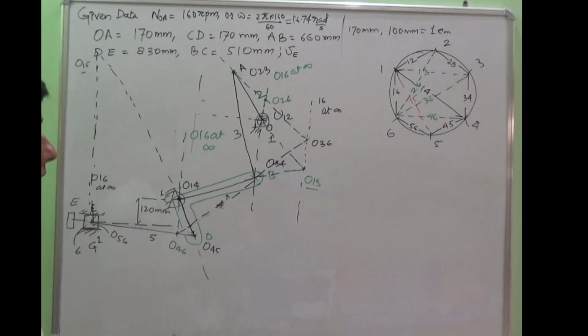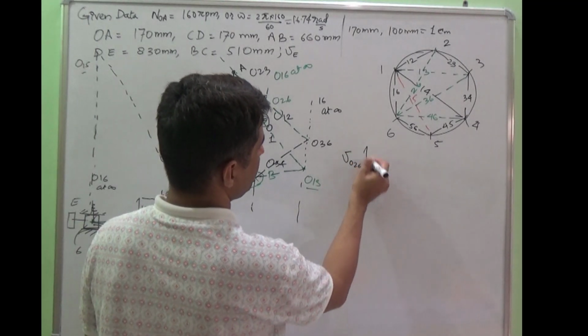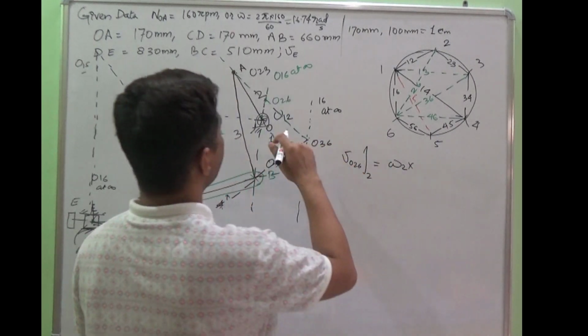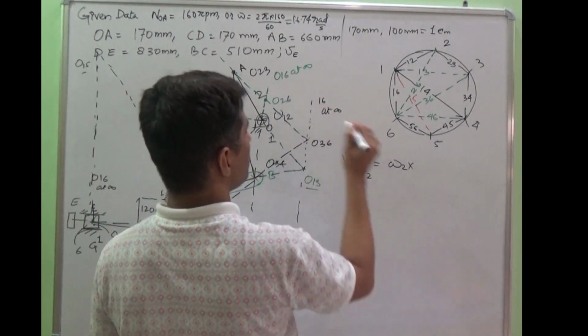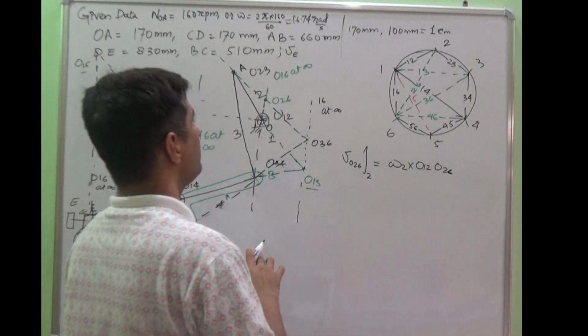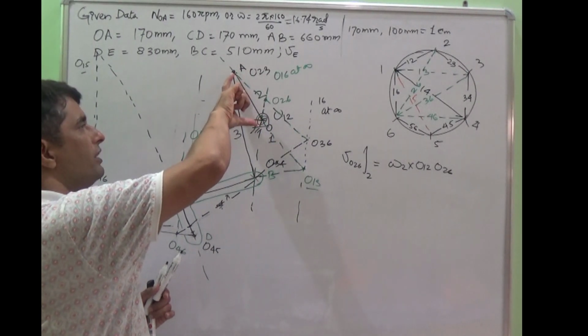So the velocity of point O26, if it is lying on 2, is omega 2 times O12 O26. As you have set the scale, this scale is 1.7 centimeter, which is actually 170.